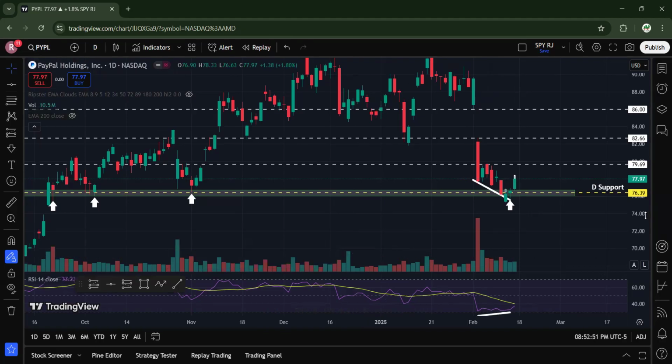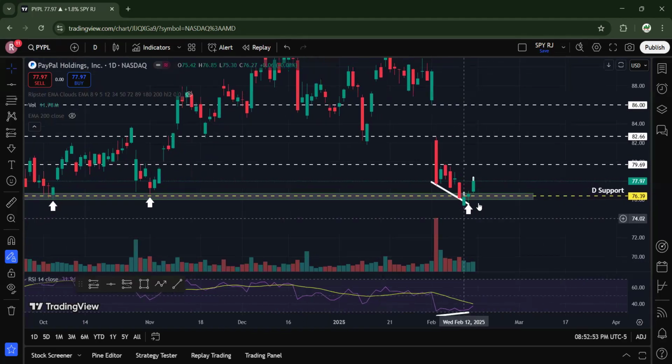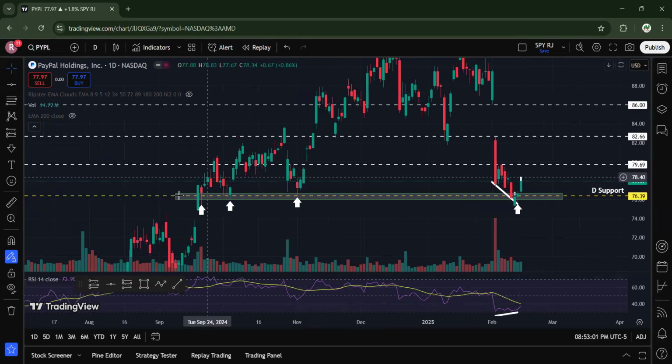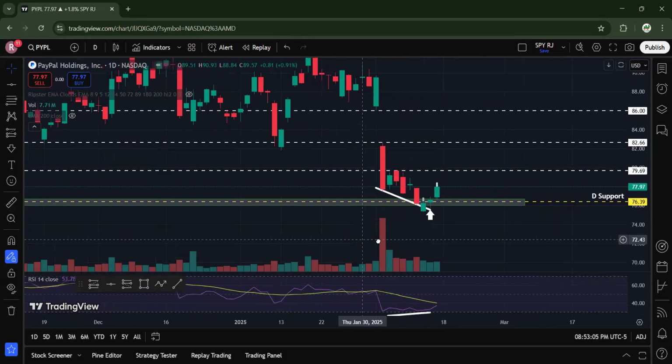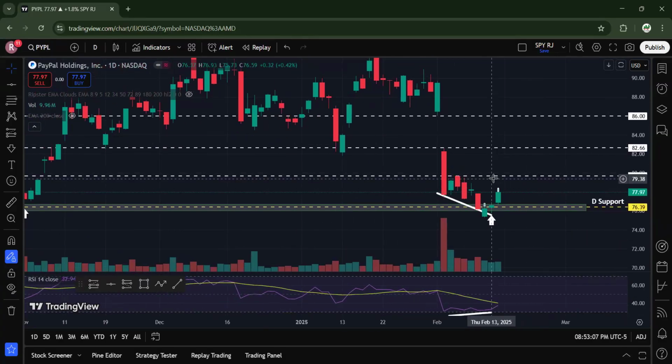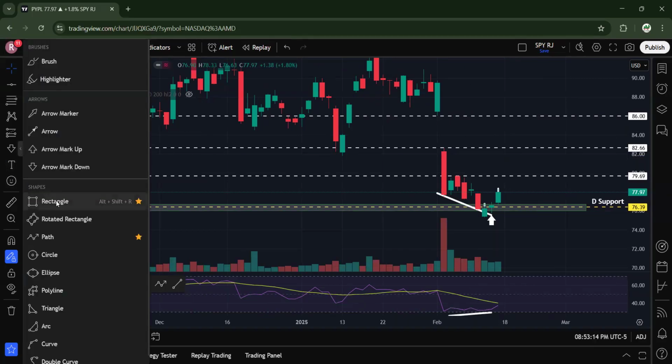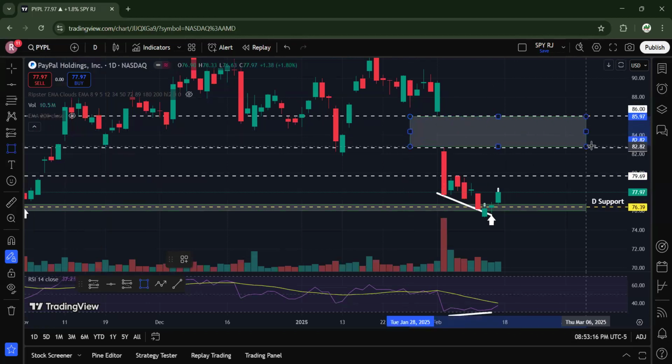So in the grand scheme of things, the smaller target would be right here. I don't know if it's actually going to rebound, but we do have evidence of it doing so. This would be my targets, right here where the gap starts, and I'll label the gap right here, and then where the gap ends.